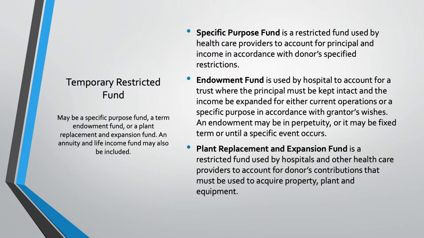An endowment may be in perpetuity or it may be fixed term or until a specific event occurs. A plant replacement and expansion fund is a restricted fund used by hospitals and other healthcare providers to account for donors' contributions that must be used to acquire property, plant, and equipment.